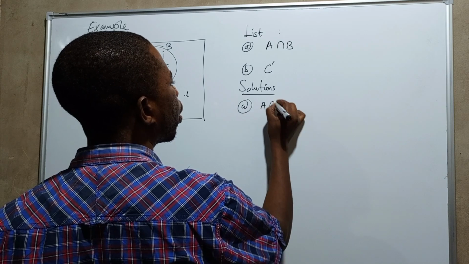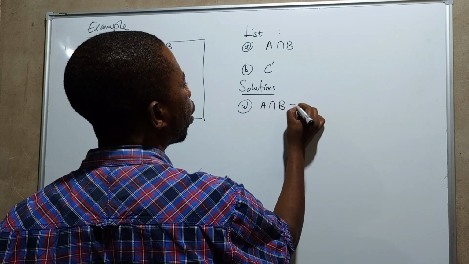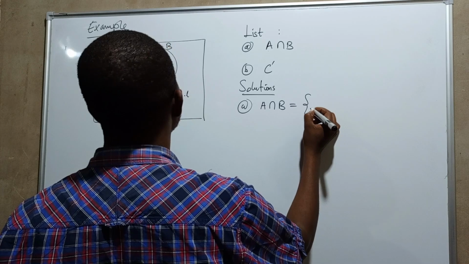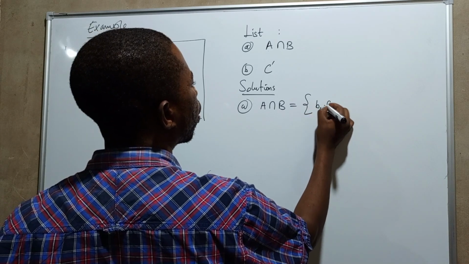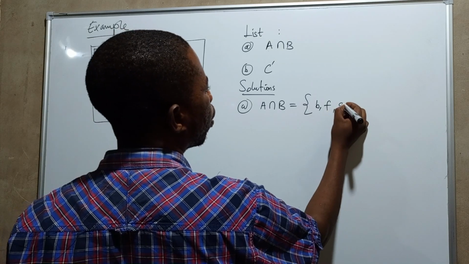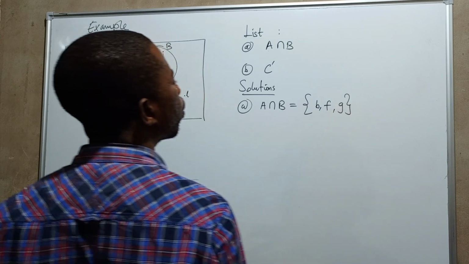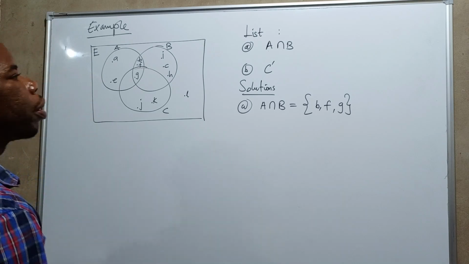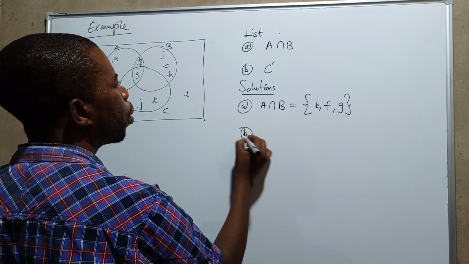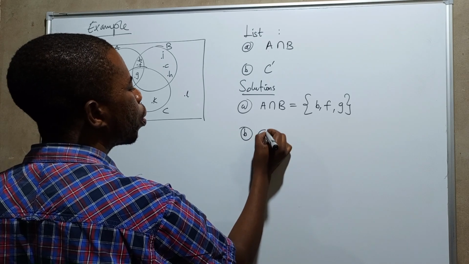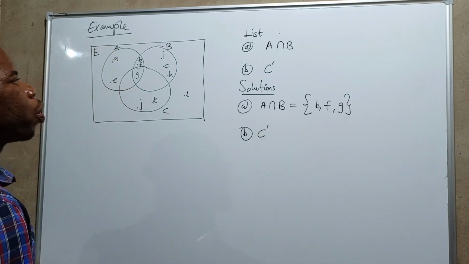So we can say A intersection B, we do like this. Then we'll put B, F, then G. That is all. Then we come to B, C complement.